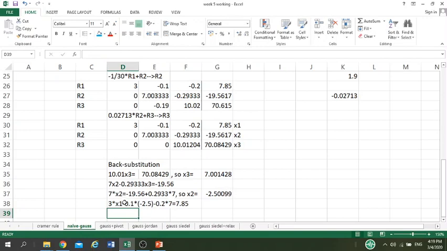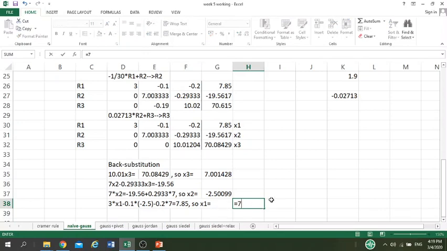So what is our x1? x1 comes 7.85 plus 0.2 times 7 minus 0.1 times 2.5, divided by 3, so 3. This is our answer.